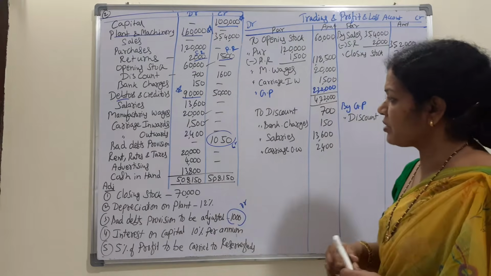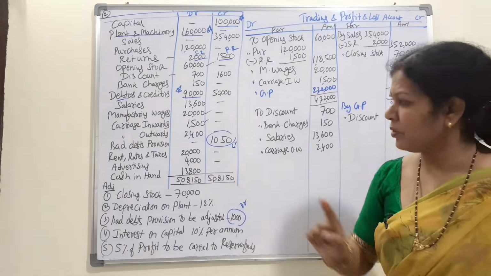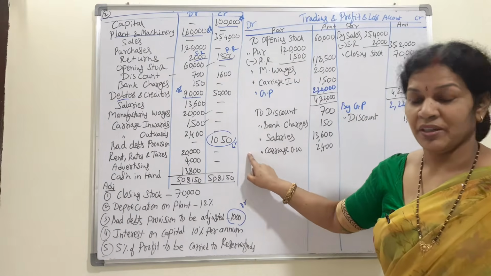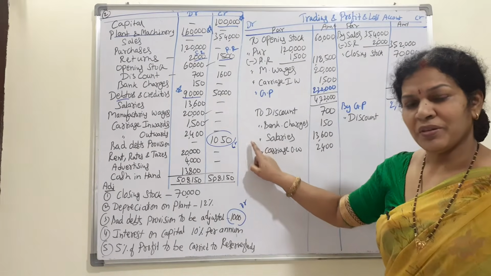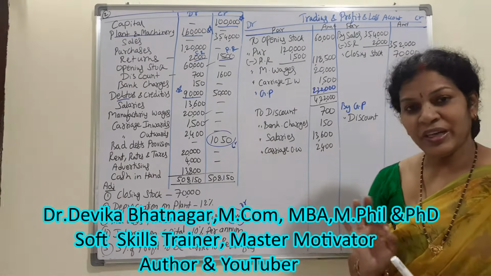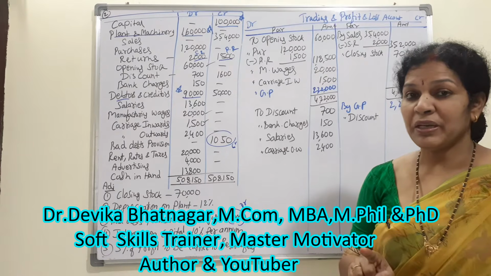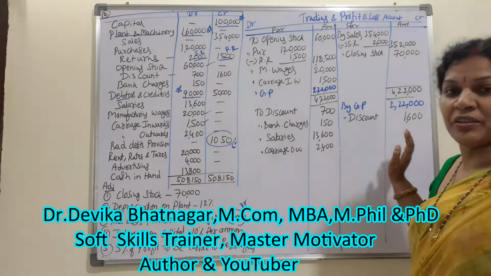Next, bad debts provision. Just now I told you, this is credit side, they have provided 1,050. Loss 1,000 rupees. Provision is more, loss is less. Out of this provision 1,050, 1,000 we are using. After using it, how much is left? 1,050 minus 1,000, 50 rupees. We'll keep it as it is on the credit side.